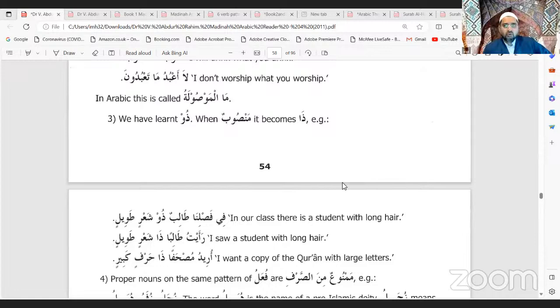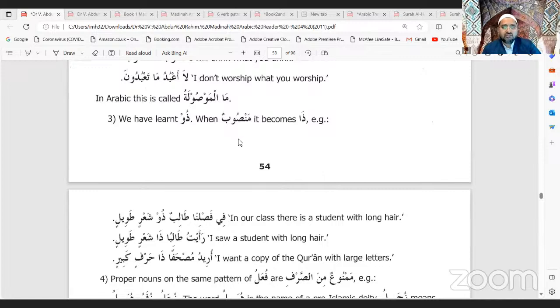So the word dhu, like the word akhun, like the word abun: if you say father of Muhammad, you will say Abu Muhammad. But if you are calling Abu Muhammad, you will say Ya Aba Muhammad. It's the same thing as Dhu.